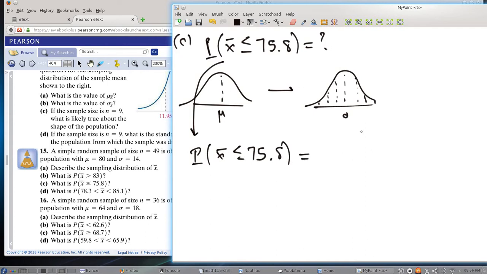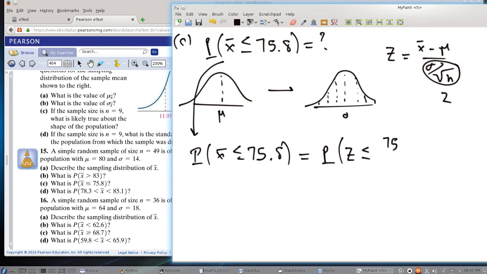If you remember, x bar is related to z with this expression right here, and of course we already found this to be 2 from part A. So I'm going to put it like this: 75.8 minus 80 divided by 2.